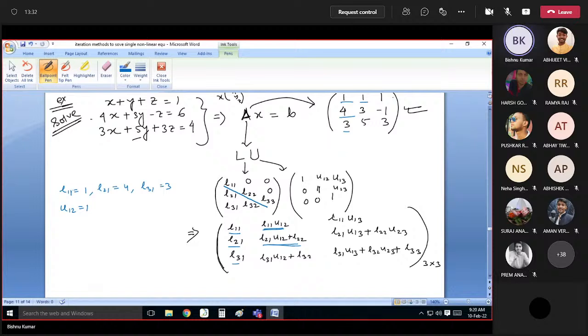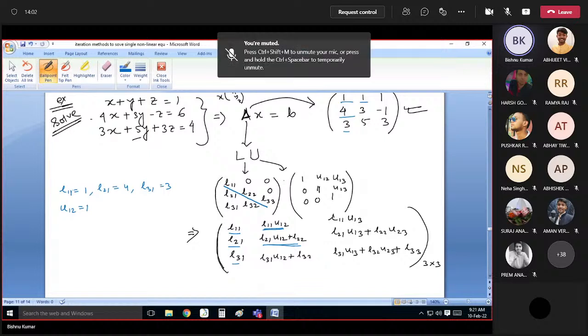To get a unique answer, only one unique value of all L and all U values, you need 9 equations for 9 unknowns. This is the logic. To get a unique solution, the number of variables and the number of equations should be the same. Then you will get the coefficient matrix determinant non-zero, and then you will get the unique solution. That is the idea.